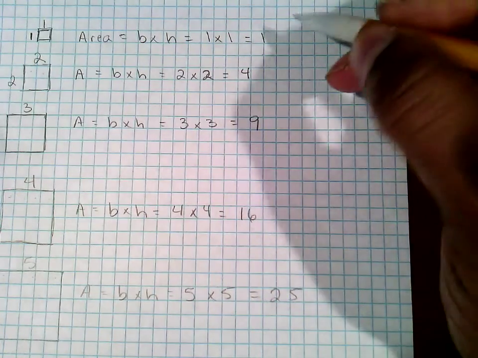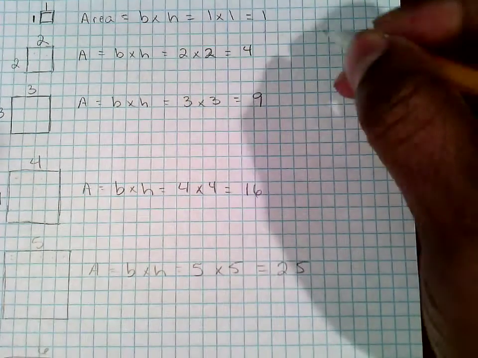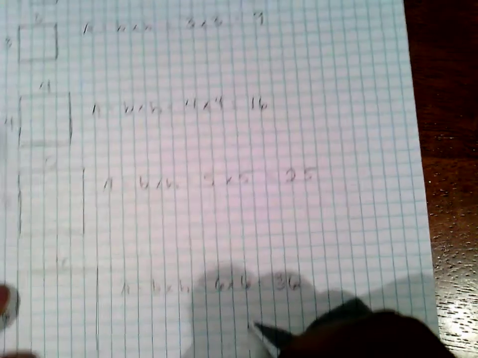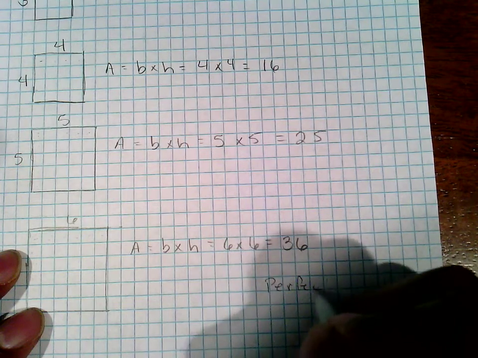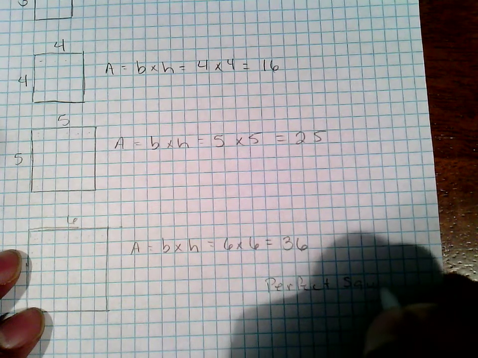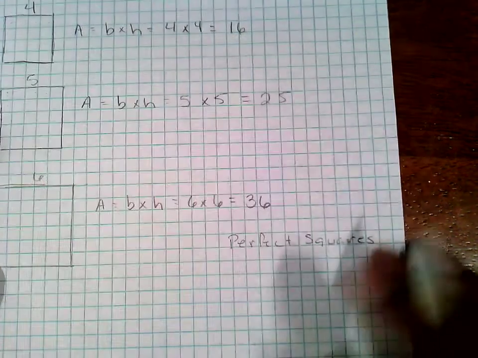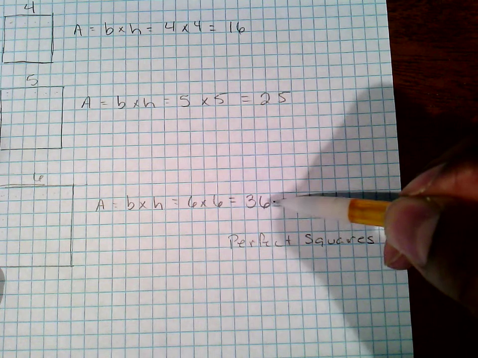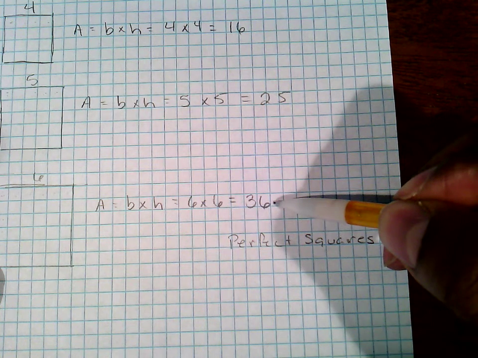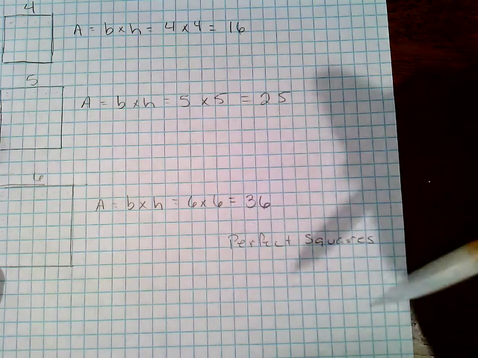So our results come out as what we call perfect squares, which means if we take a sum of 36 blocks, we can create a square where we have both base and height equal.